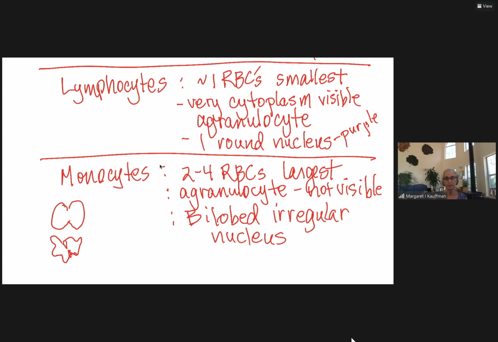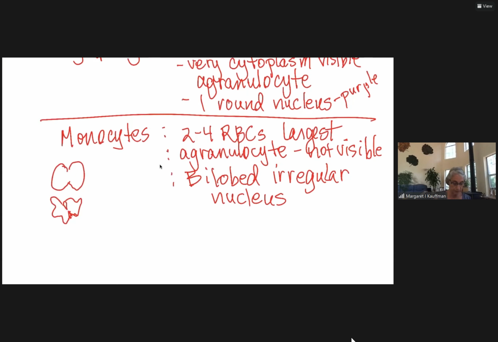So probably the biggest hint it's a monocyte is its size. If it's really big and you see quite a bit of cytoplasm, and that cytoplasm doesn't have visible granules in it, then you're probably looking at a monocyte. You won't mix it up with a lymphocyte, even though they're both agranulocytes, because you have the largest and the smallest of the white blood cells.